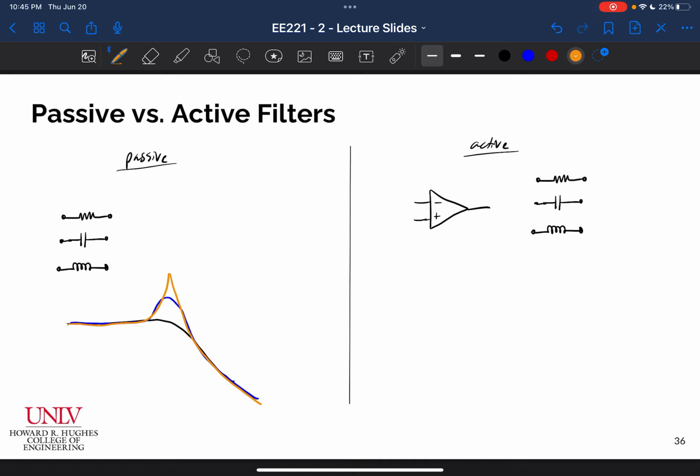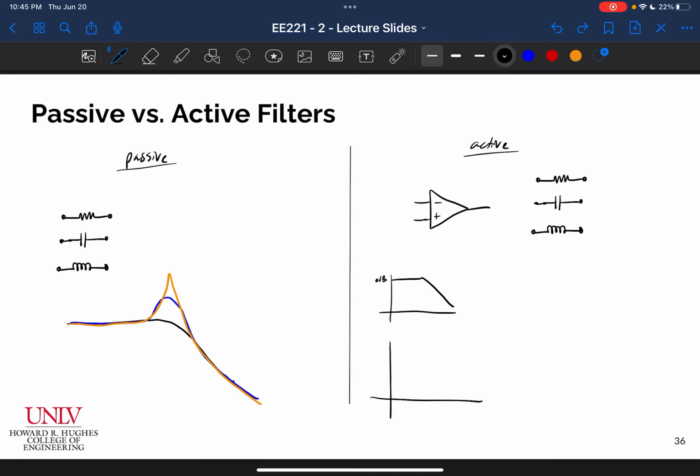But with active filters, we can get more precise control over the kinds of responses that we get. So instead of having a low pass filter that starts at 0 dB and then rolls off at some frequency, we can have control over that RF over RS, or whatever ratio of resistors, to push this entire curve basically up the graph, right?